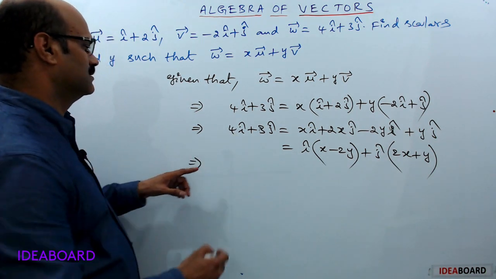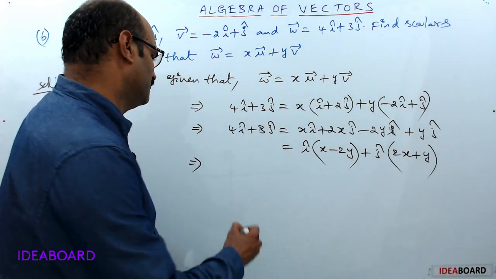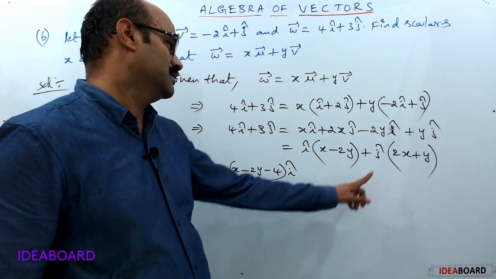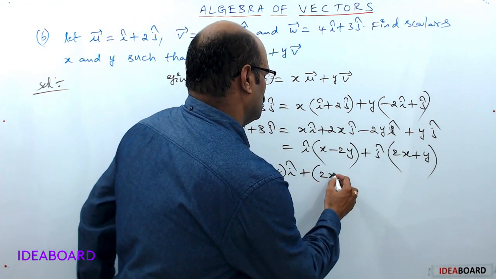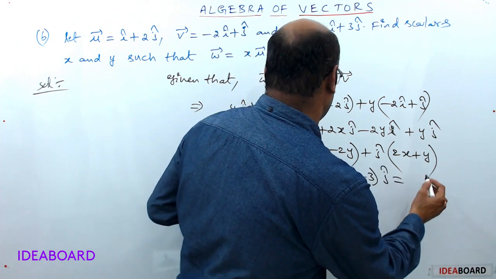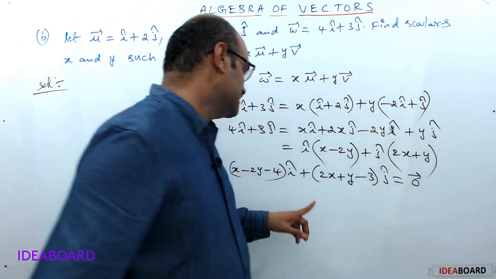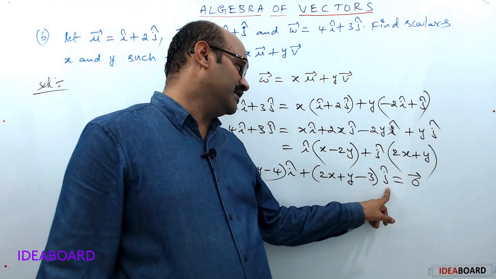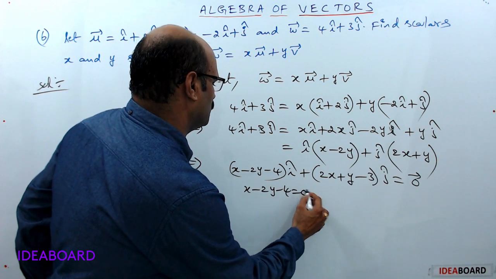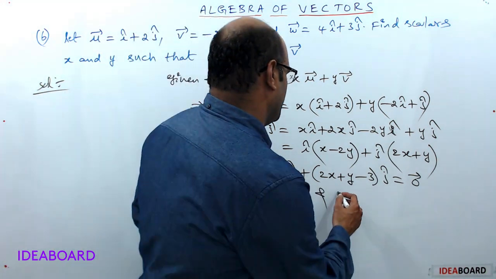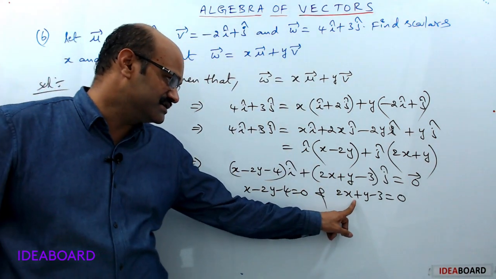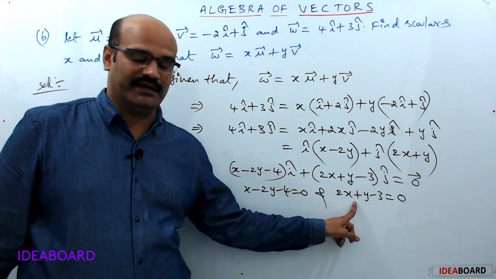Now take 4i cap to this side, then we have x minus 2y minus 4 into i cap plus 2x plus y minus 3 into j cap equal to null vector. Since i cap and j cap are non-collinear vectors, we can take x minus 2y minus 4 equal to 0 and 2x plus y minus 3 equal to 0. By solving these two equations, we get the values of x and y.